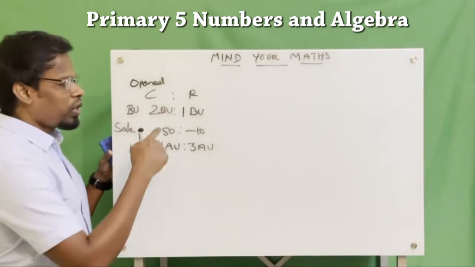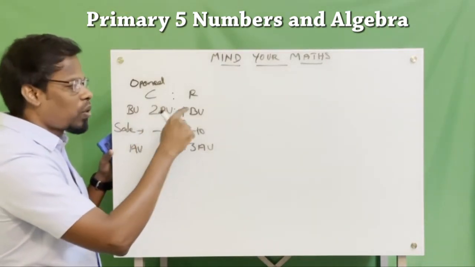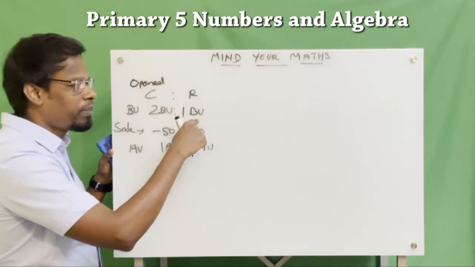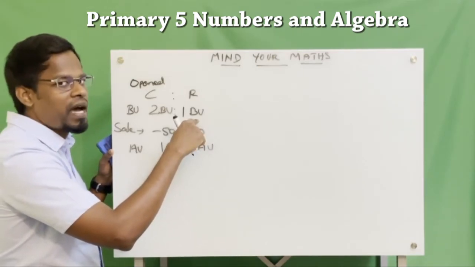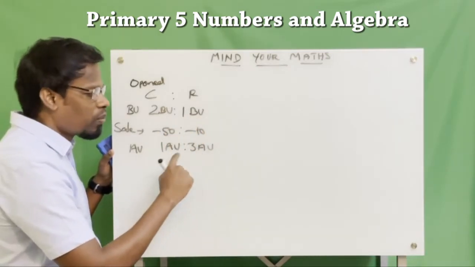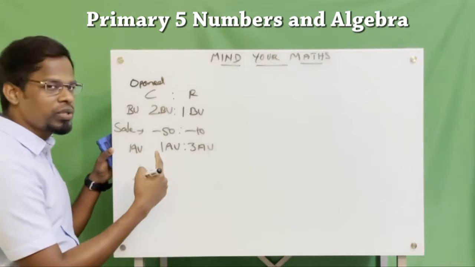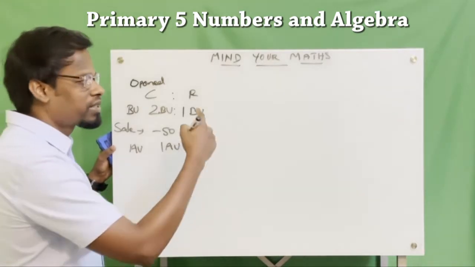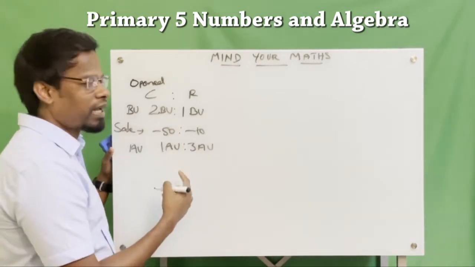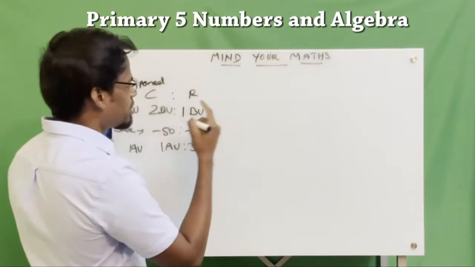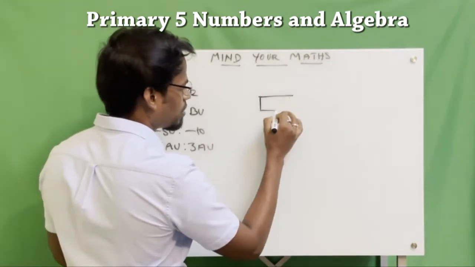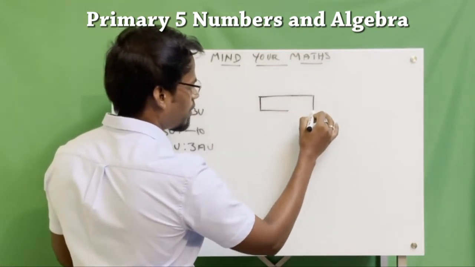So the BU is the same size on both sides before the sale, and after the sale the AU is the same size on both sides. Let's use the model method and draw the diagram to represent before and after sale.